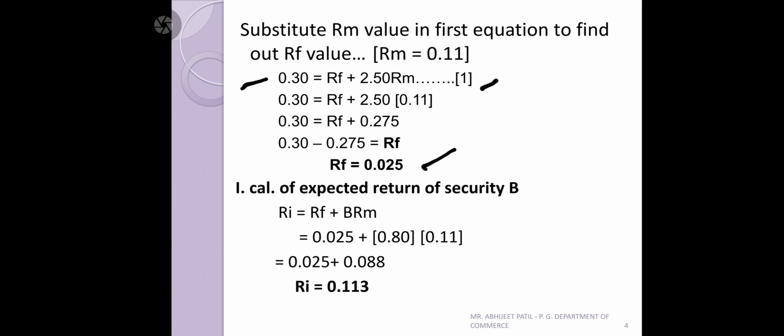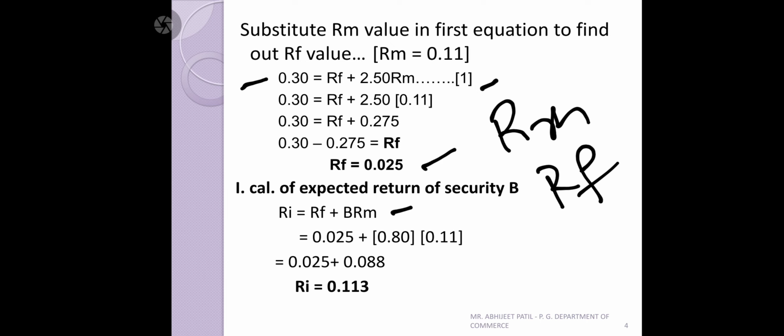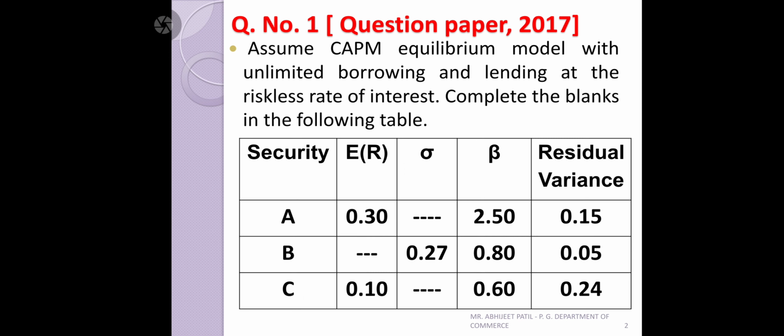Once we find out the RM value and the RF value, now we can use the equation for the missing value: Ri is equal to RF plus beta into RM. So RF we calculated as 0.025, plus 0.80 beta, that is the beta for security B. Security B's beta is already given, that is 0.80, so we can use it.